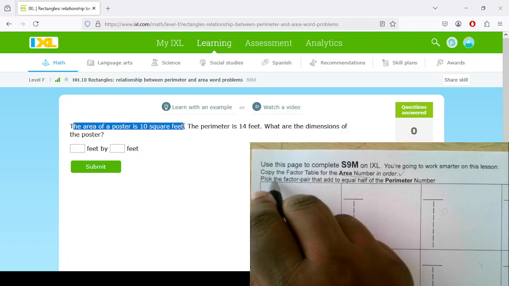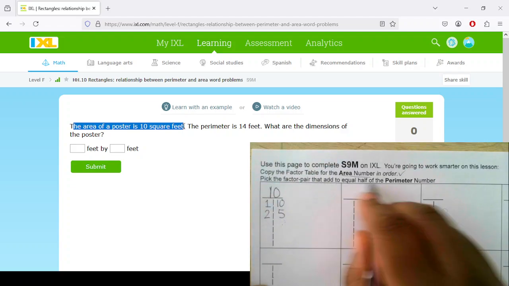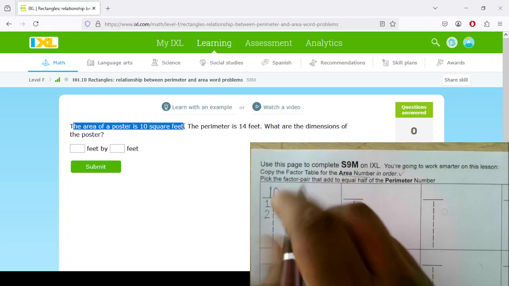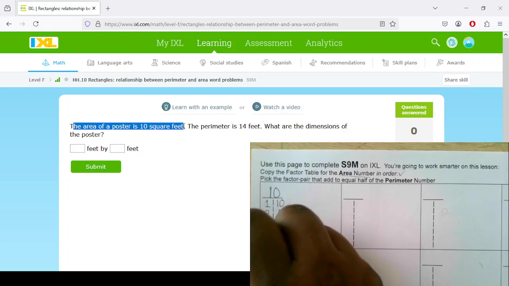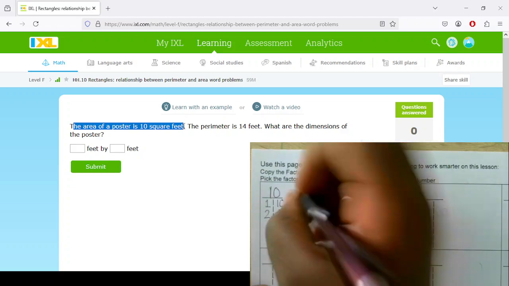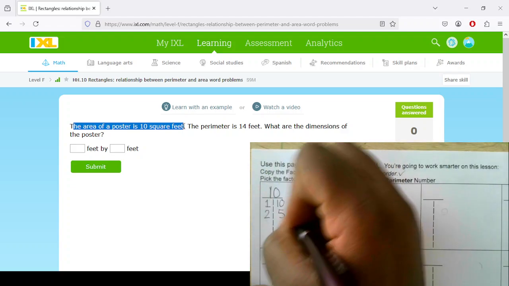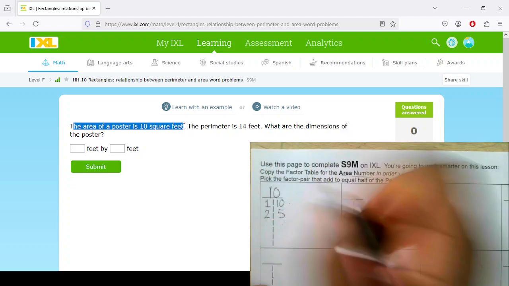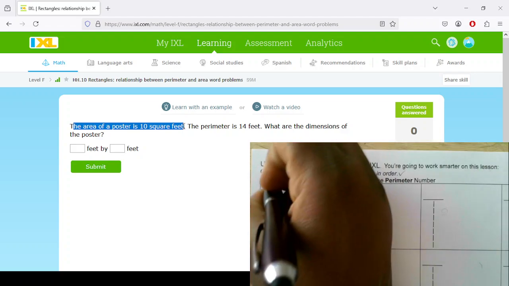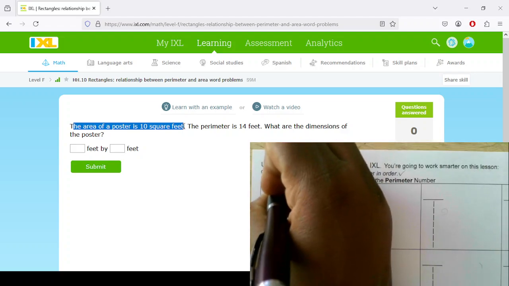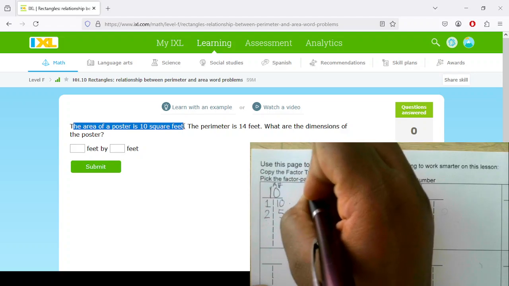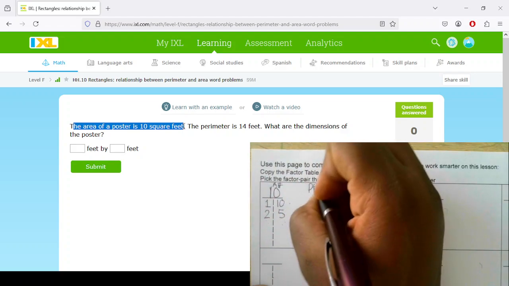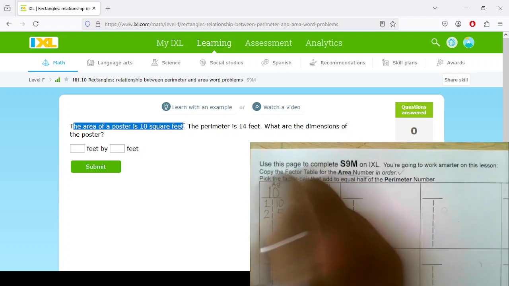Now I'm told to pick the factor pair that adds equal half of the perimeter number. 1 plus 10 is 11. 11 is not half of 14. 2 plus 5 is 7. 7 is half of 14. The perimeter number, so this is my area number, and my perimeter number divided by 2.